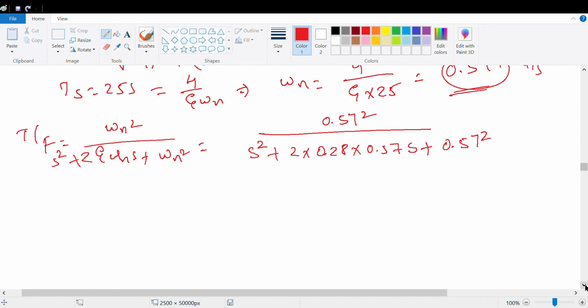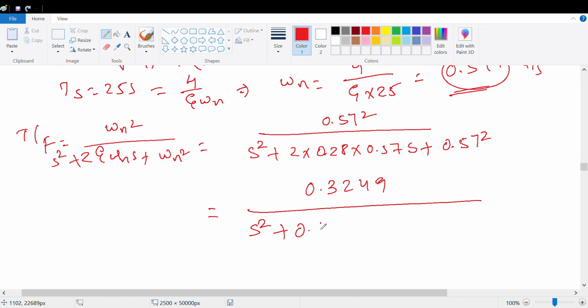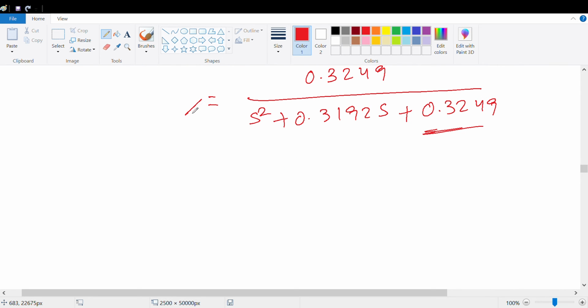Now if we further simplify it, we get 0.57 square, 0.3249, by s square plus 2 into 0.28 into 0.57, so 0.3192 s plus 0.3249. This is the transfer function required.